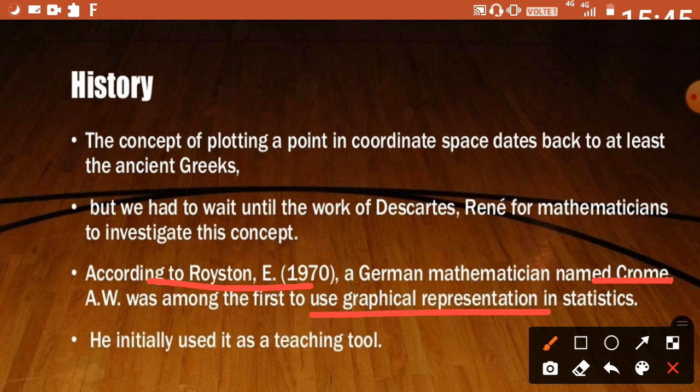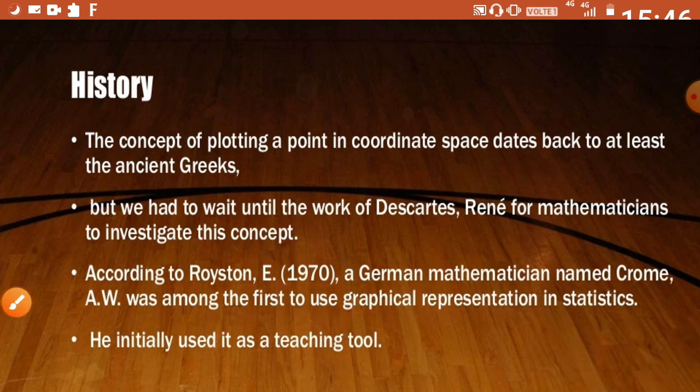He used it as a teaching tool to teach his students, and definitely we can say that he was the first person to introduce graphical presentation in statistics, for whom today we are capable of studying statistics, right? Okay, so let's move to the next slide.